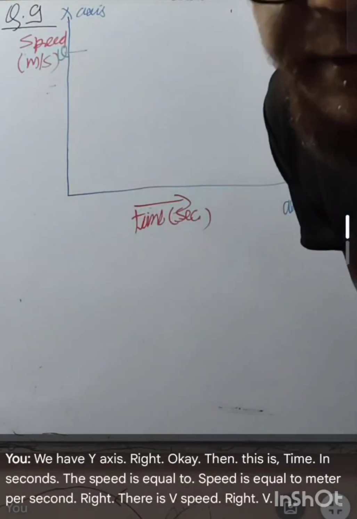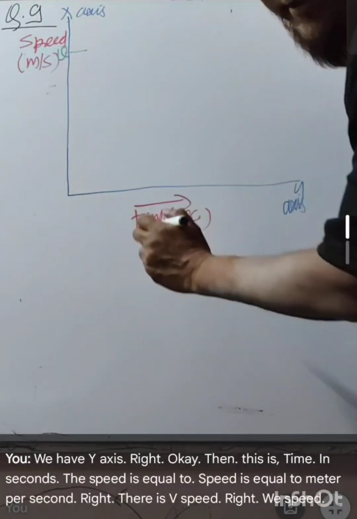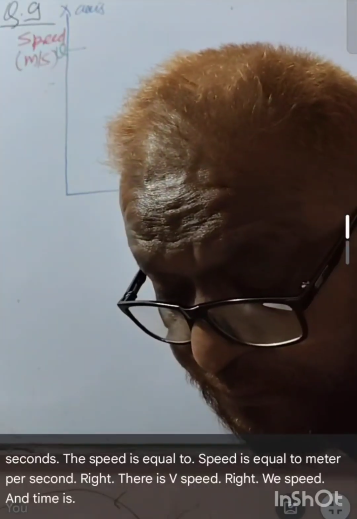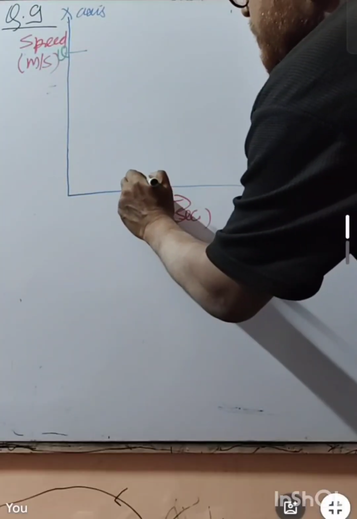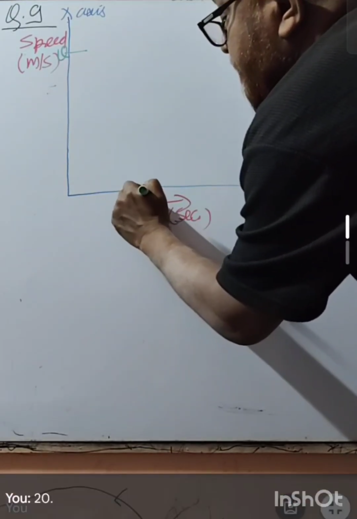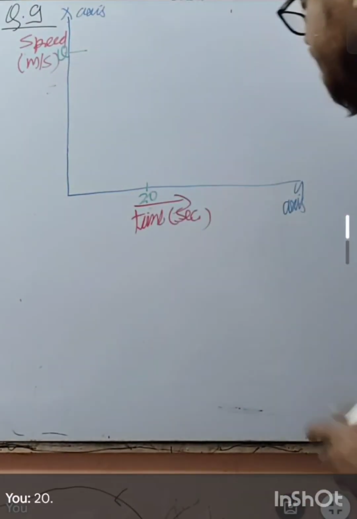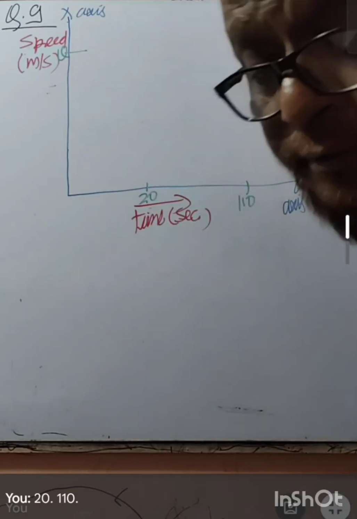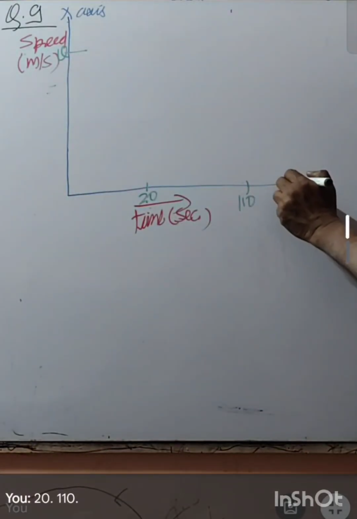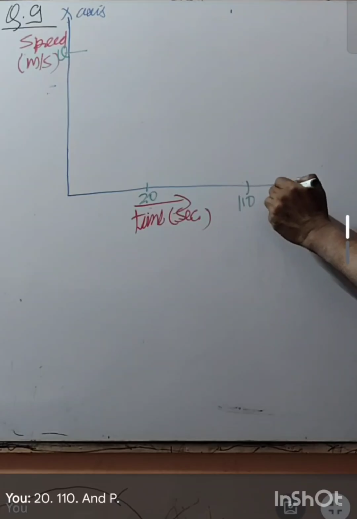V speed and time is 20, 110 and p. Get it?